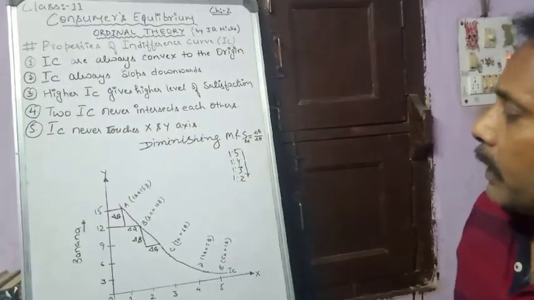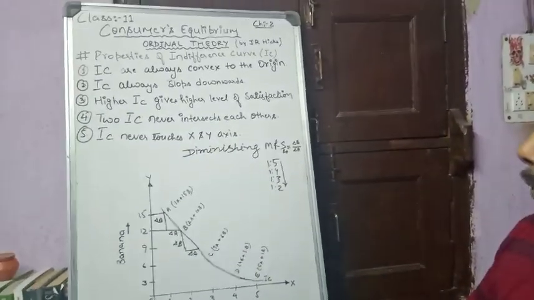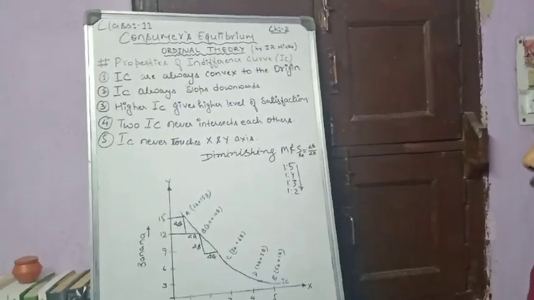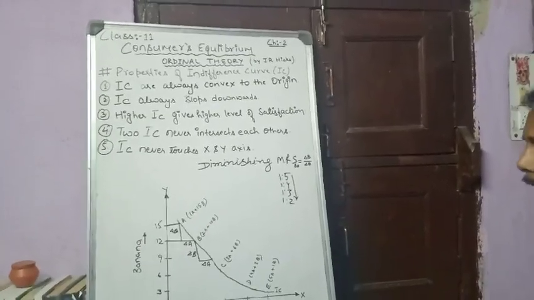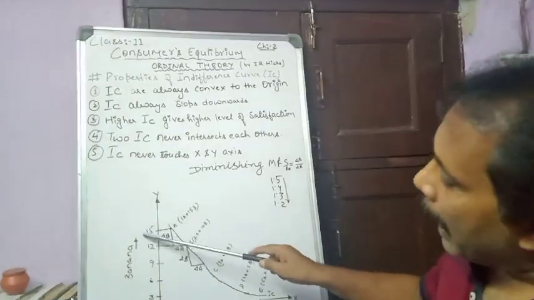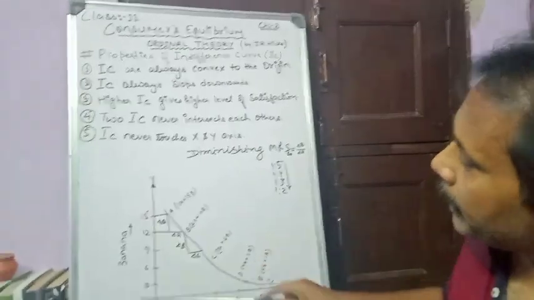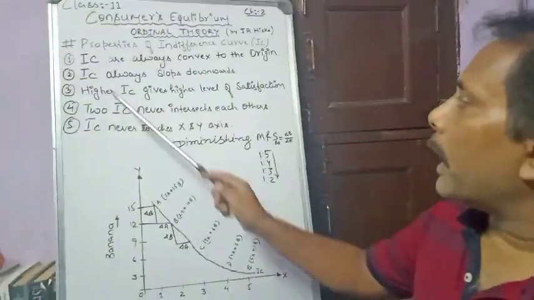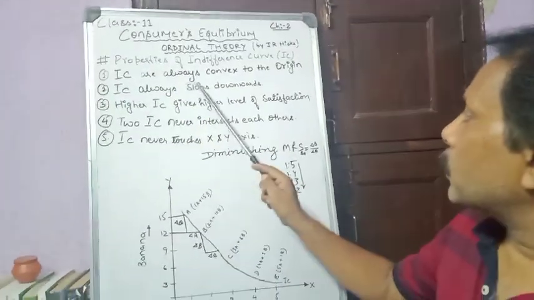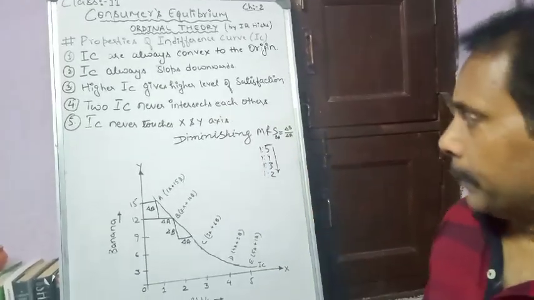In other words, if a consumer wants to gain more of the X commodity, he will have to sacrifice the Y commodity. Due to that, IC always slopes downwards.